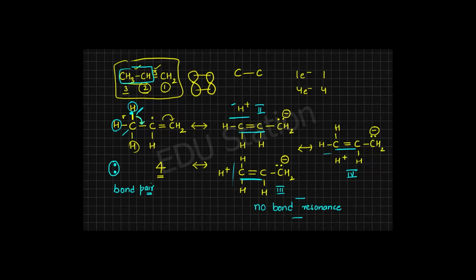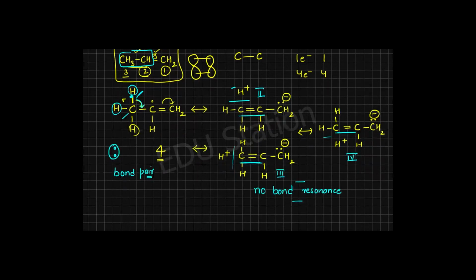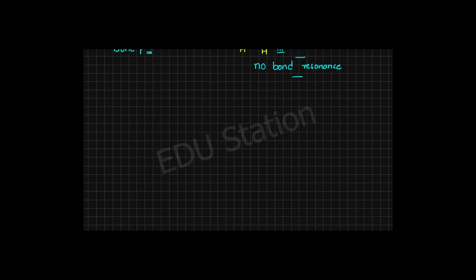Now, hyperconjugation, apart from explaining why the single bond in propene is shorter, can also explain the relative stability of carbocations. This relative stability of carbocations we had done through the inductive effect, and now we are going to do the same thing using the concept of hyperconjugation. We are explaining the stability of a carbocation.